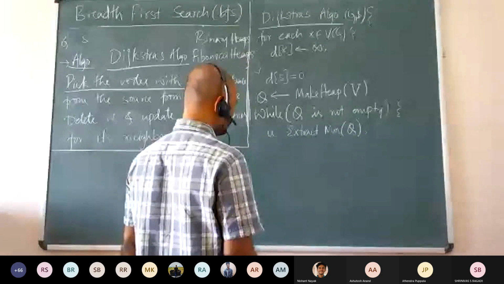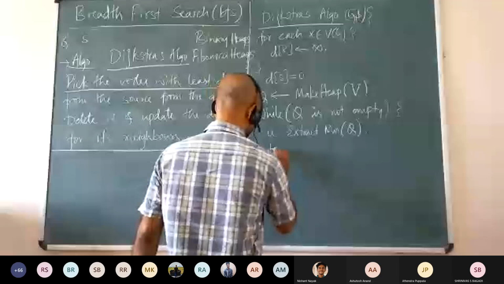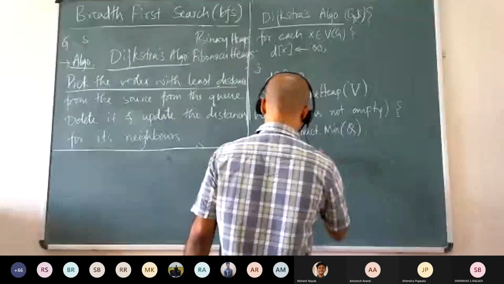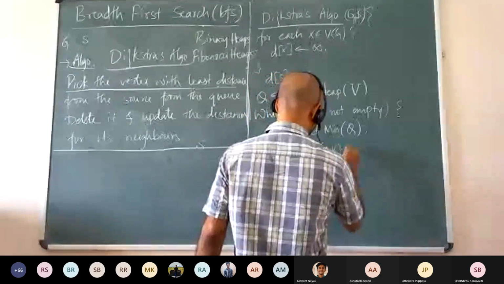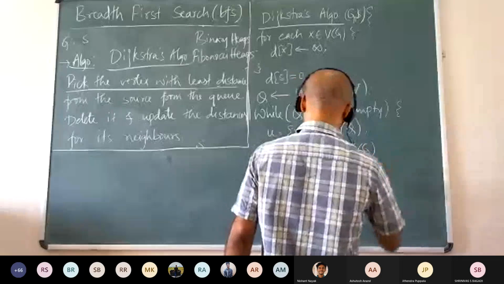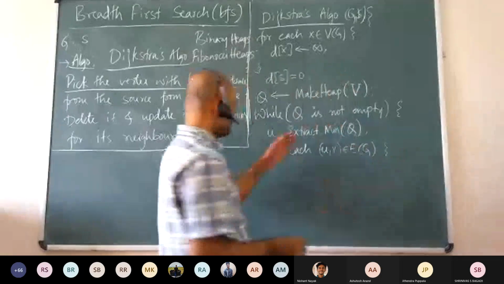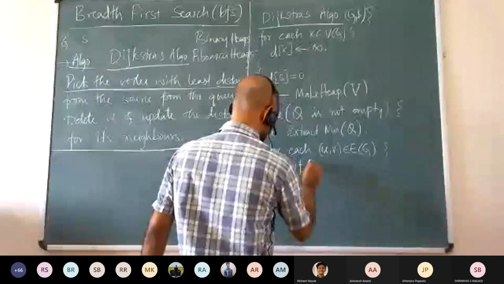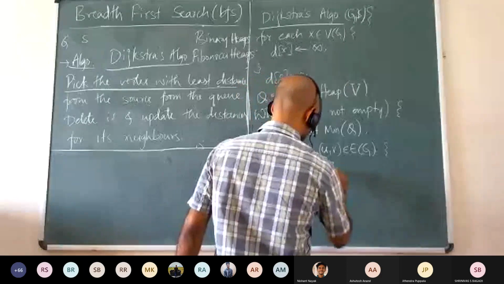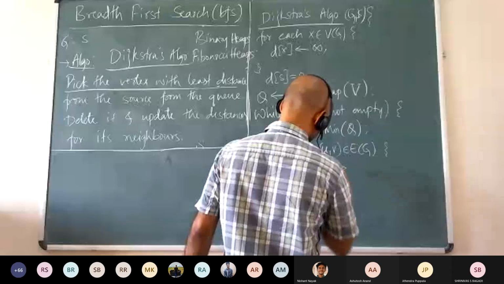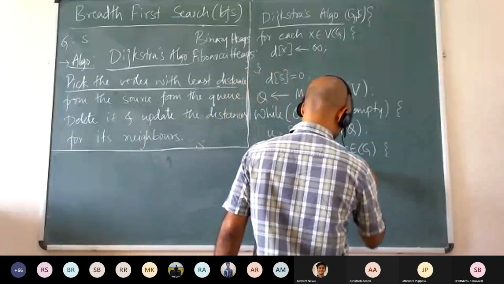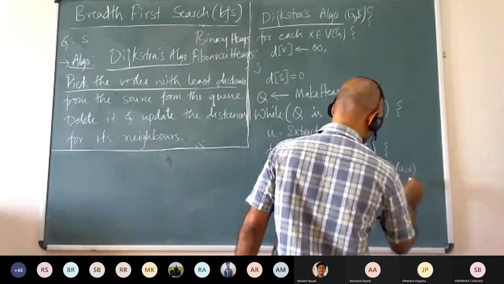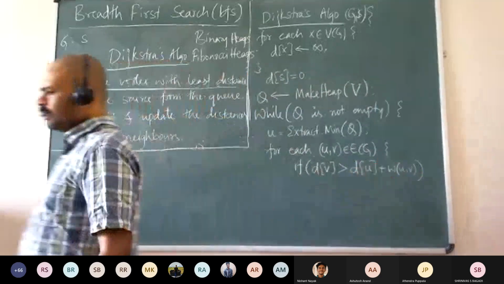So you extract the minimum, and for each edge uv belonging to the edge set of G, so for each vertex which is in the neighborhood, what you do is: if d of v is greater than d of u plus the weight of the edge uv, then this is the condition.